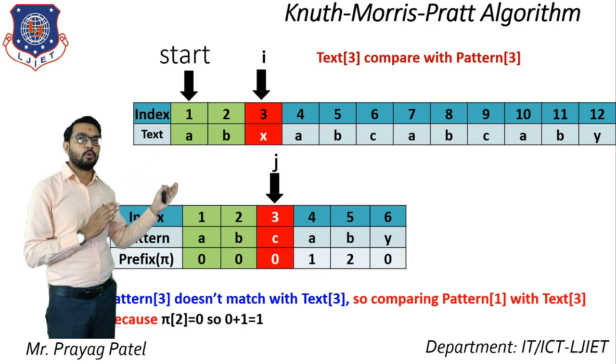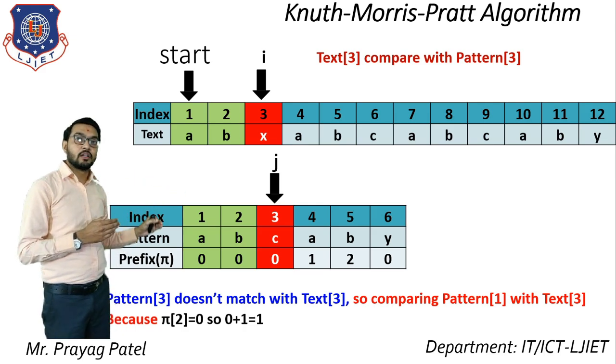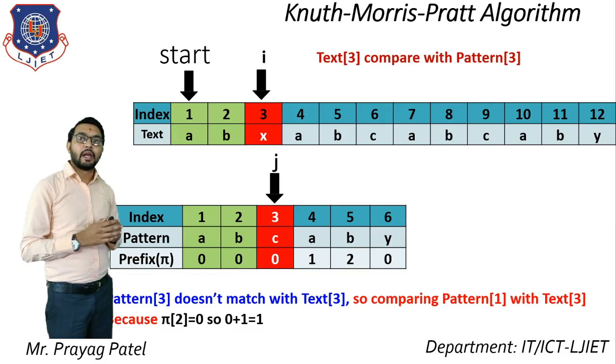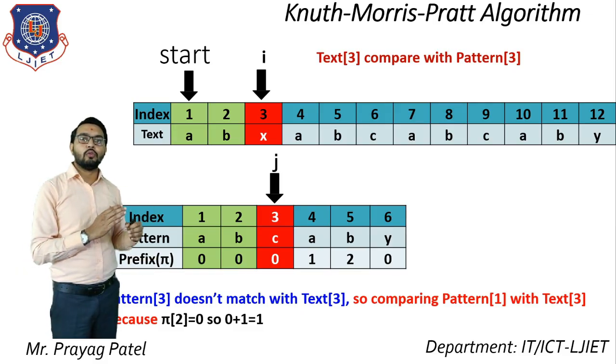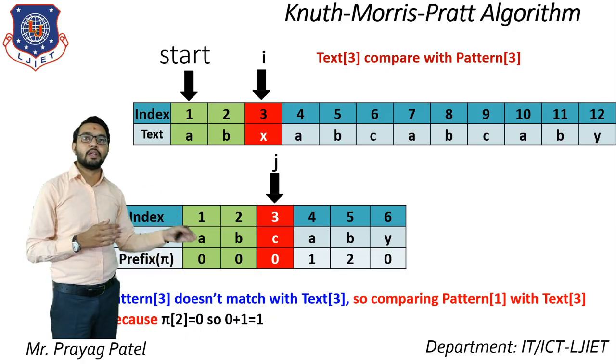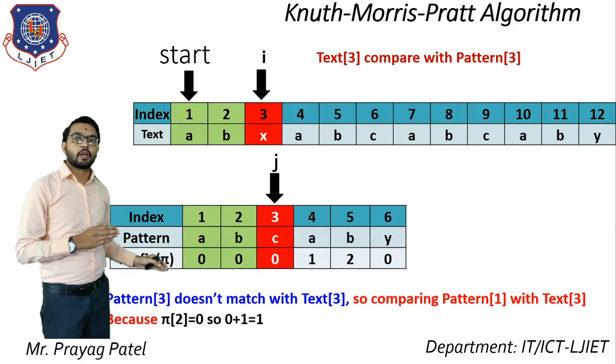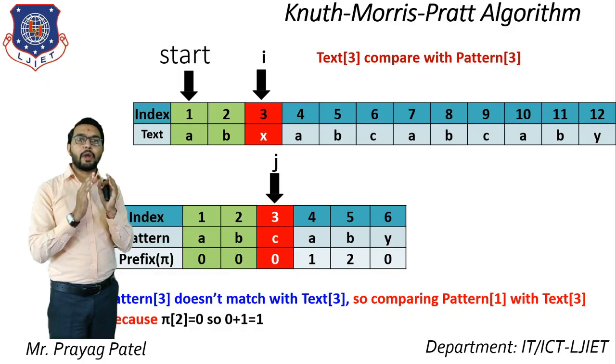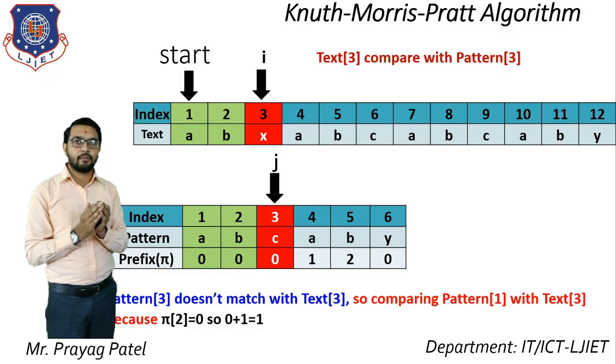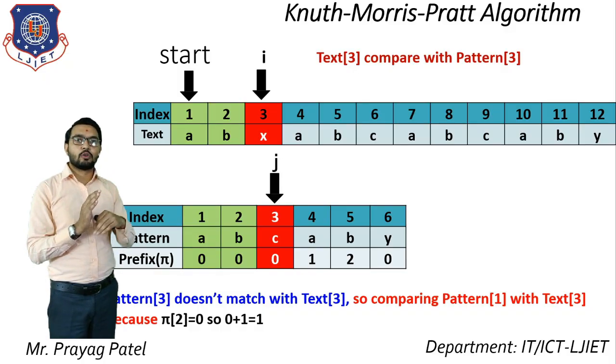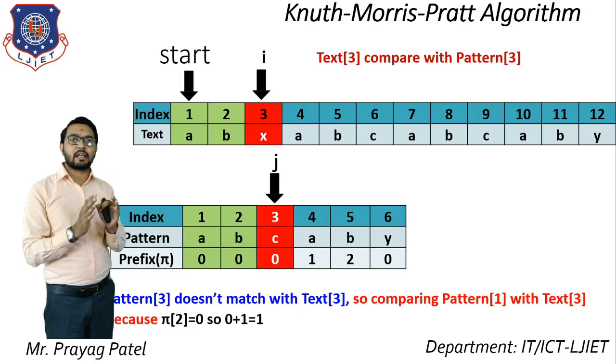So consider the value of pi of 2, and pi of 2 equals 0. So add one to the previous match pi value: 0 plus 1 equals 1. So this is your pattern's next location, and the text's next location is text 3.